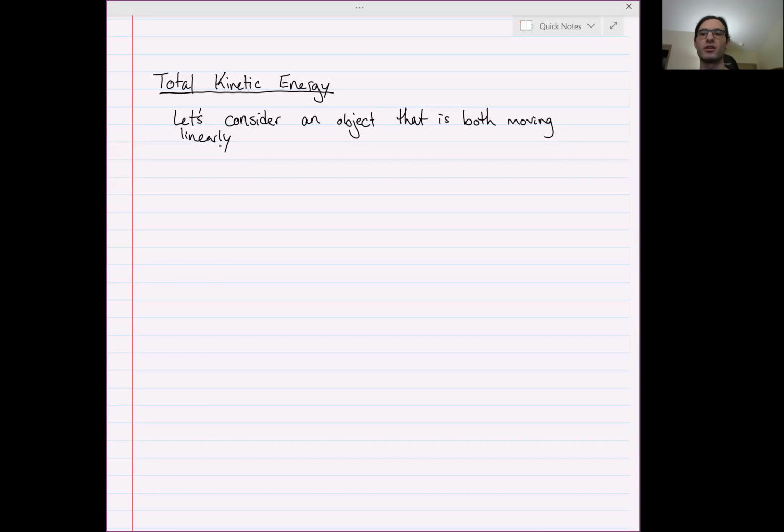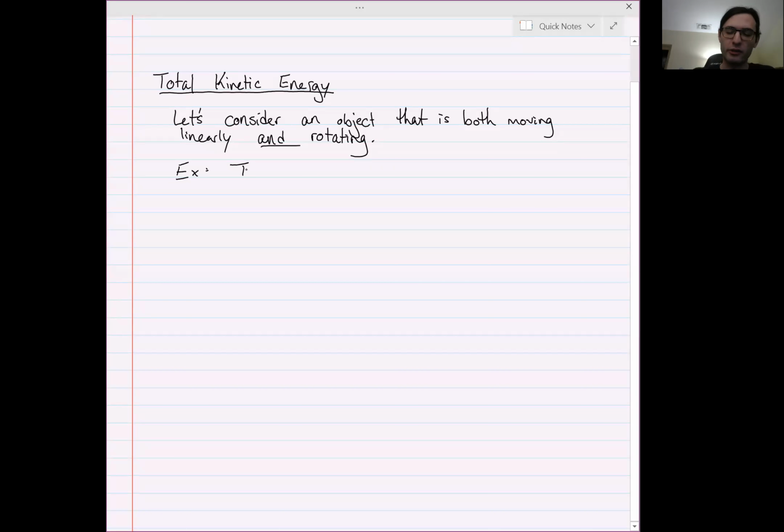It's the energy that's not associated with the rotation about the center of mass. It's the energy associated with the center of mass itself moving locations. So we're going to consider a more complicated case, right? So let's look at this example.